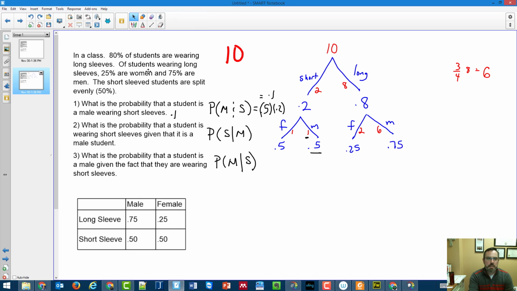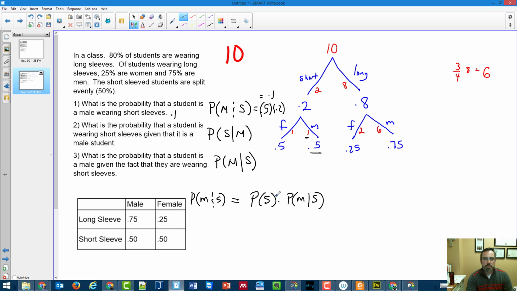That was really done by doing the probability that you're wearing a short sleeve shirt times the probability that you're male given the fact that you're wearing a short sleeve shirt. That's the general rule of multiplication for the probability that you're male and a short sleeve shirt. So that was 0.2 times 0.5. That's where those two numbers came from before. That was the first part, and that gave us 0.1.